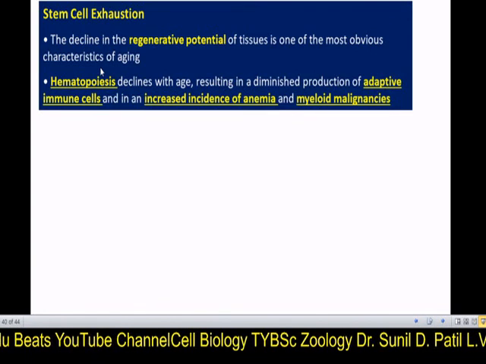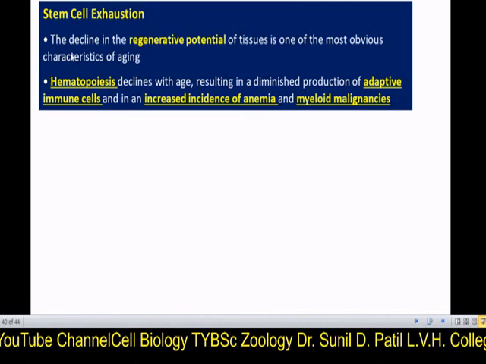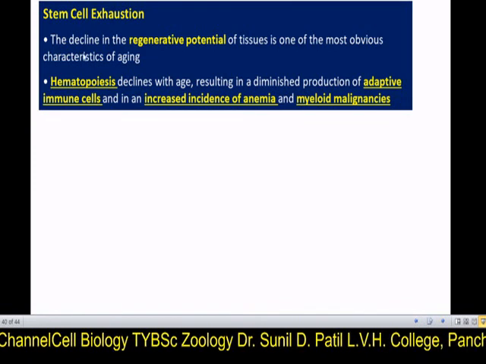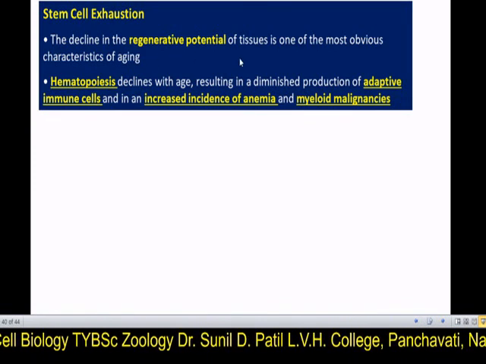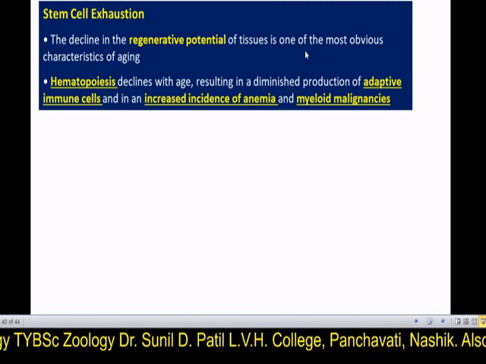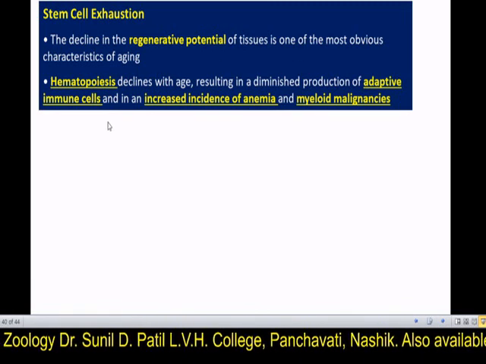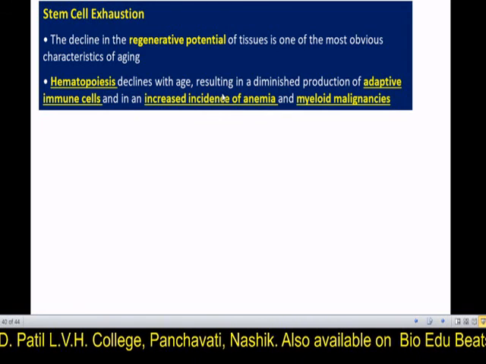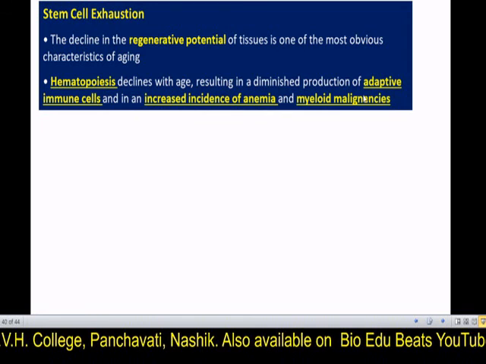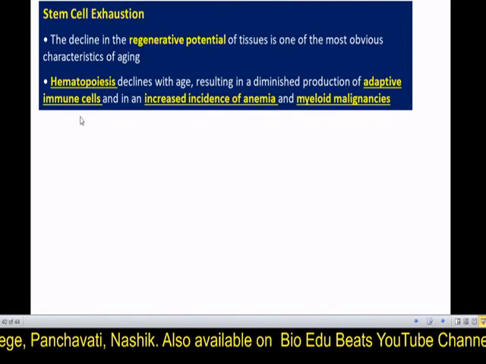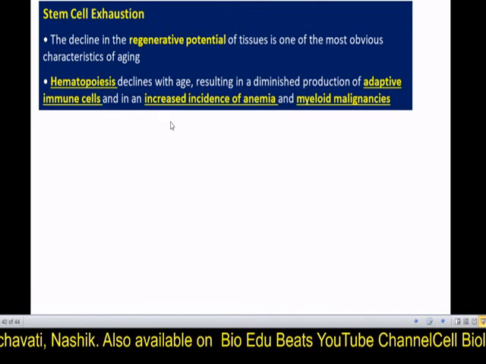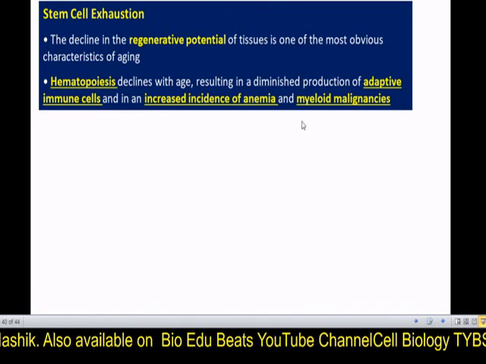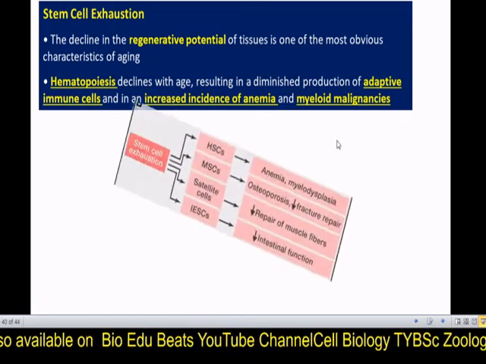Stem cell exhaustion. The decline in the regenerative potential of tissue is one of the most obvious characteristics of aging. Hematopoiesis declines with age, resulting in diminished production of adaptive immune cells, and increased incidence of anemia and myeloid malignancies.